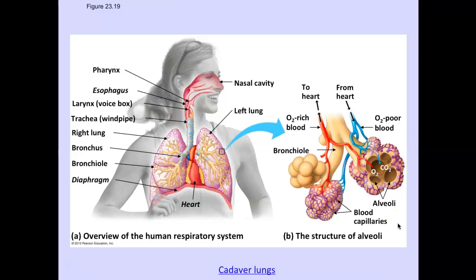Let me just mention too, the respiratory tract. Your nasal cavity is also part of the respiratory system. I left that out of your outline. Please add it in.